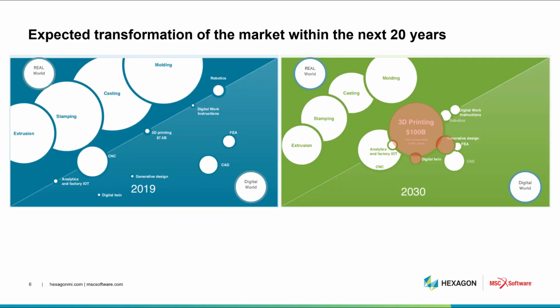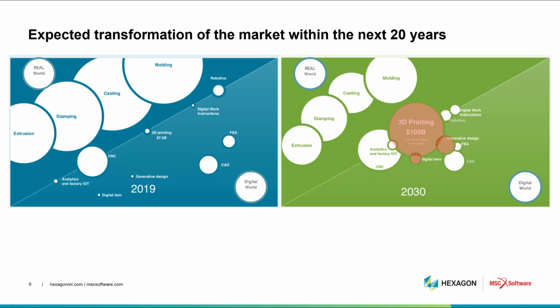This is needed because there is an expected transformation of the market within the next 20 years, where we do see a big shift from the conventional manufacturing technologies like stamping, casting, molding in the real world to something in the digital world.